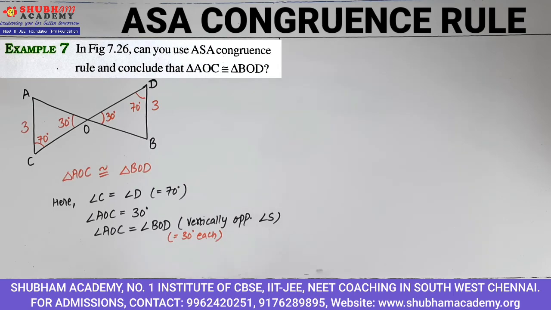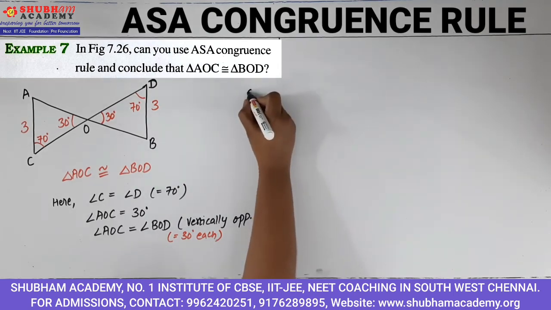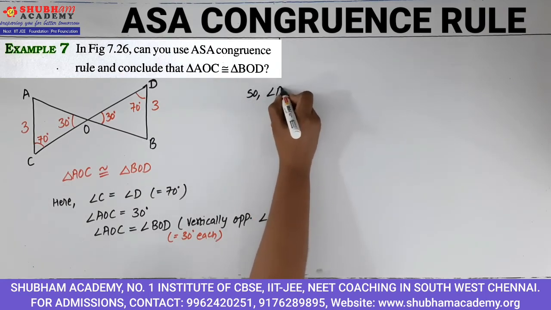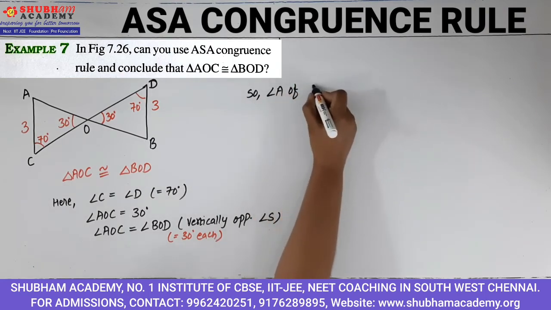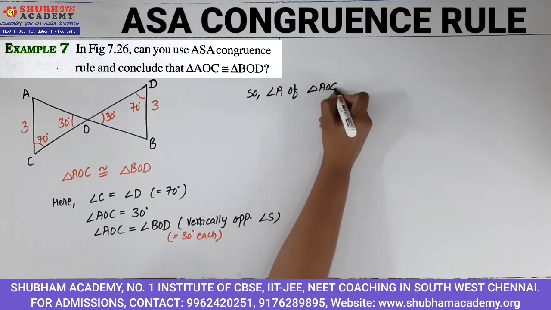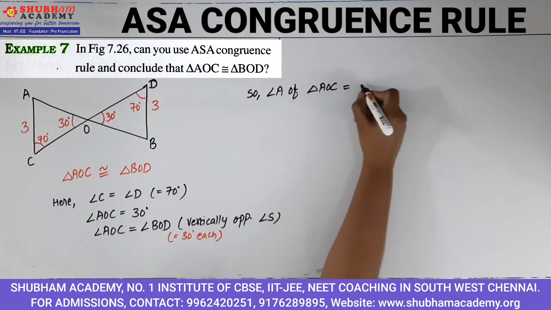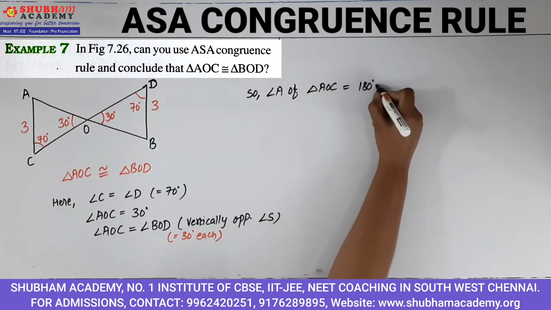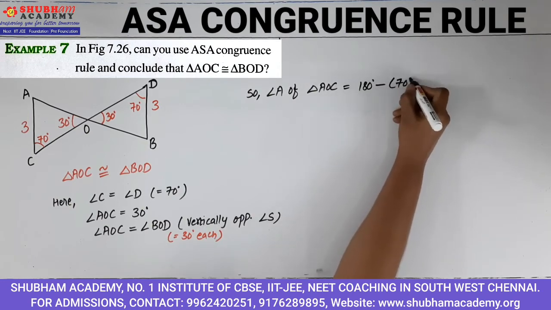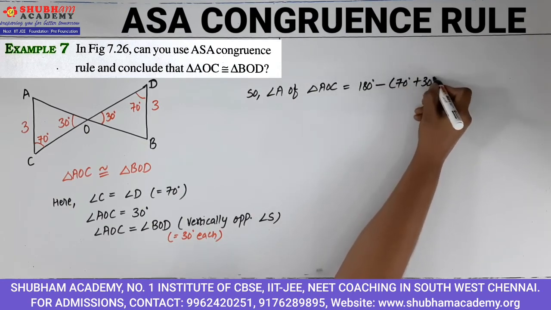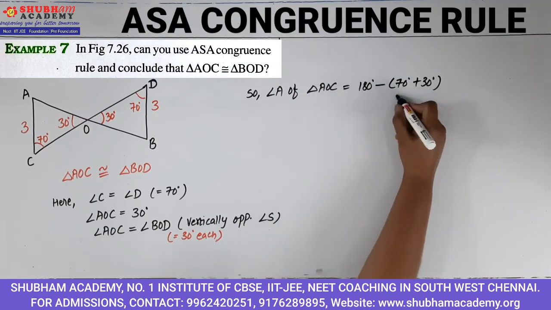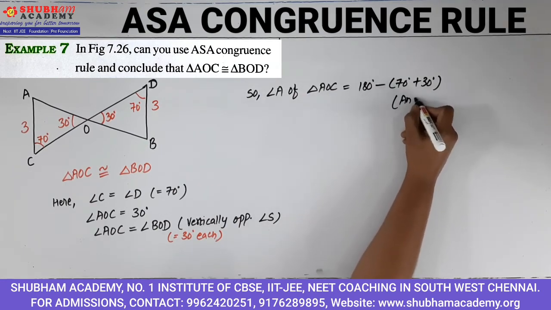So for that, let's try to find out angle A. Angle A of triangle AOC can be written as 180 degrees minus (70 degrees plus 30 degrees). How can we write this? By angle sum property.